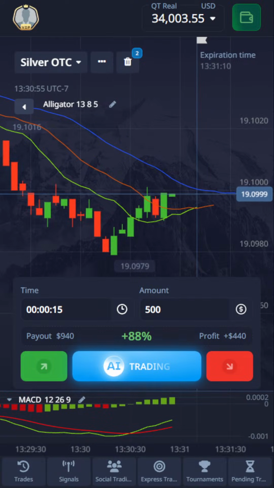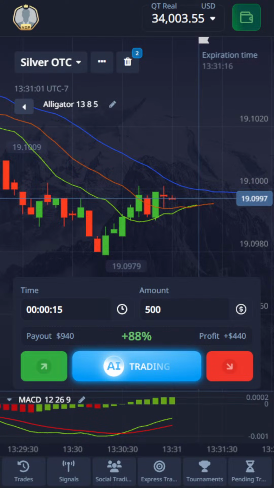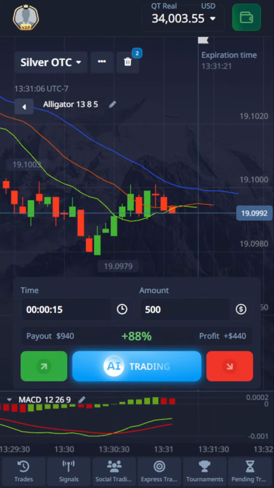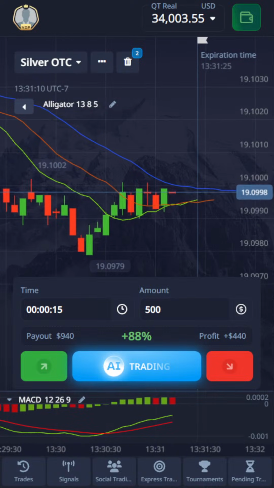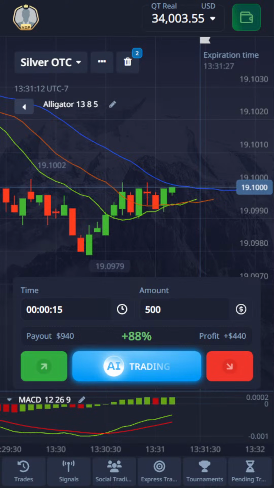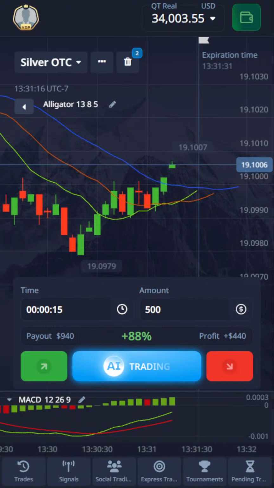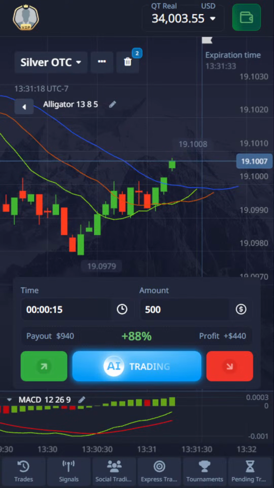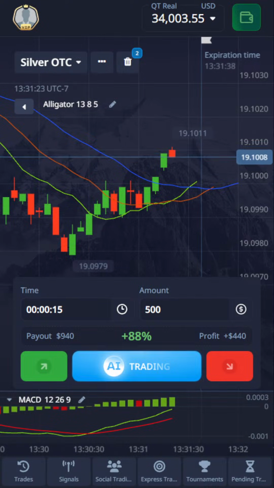All right. So with the alligator indicator, it's helping us with a direction, and then the momentum. So whenever the green line is crossing those other two lines, the red and the blue line, we are definitely getting a signal there that we should be ready to place in.